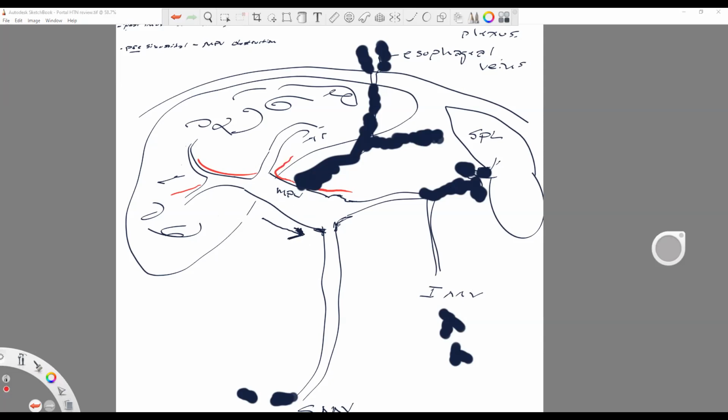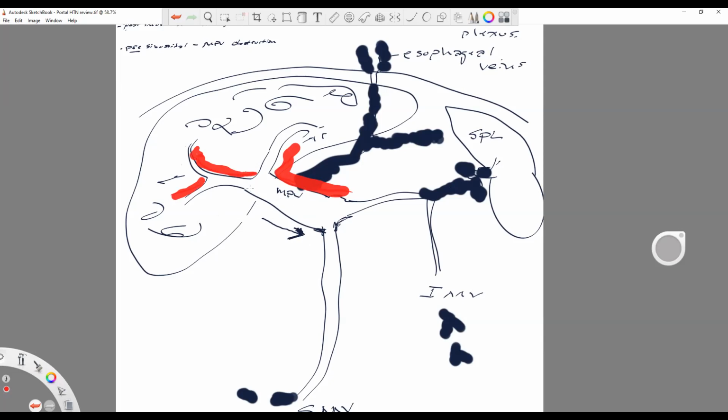So let's draw in something else. We're going to increase the size of this artery. Because if that's the only thing feeding the liver, it's going to have compensatory hypertrophy. It's going to bring in a lot more blood.